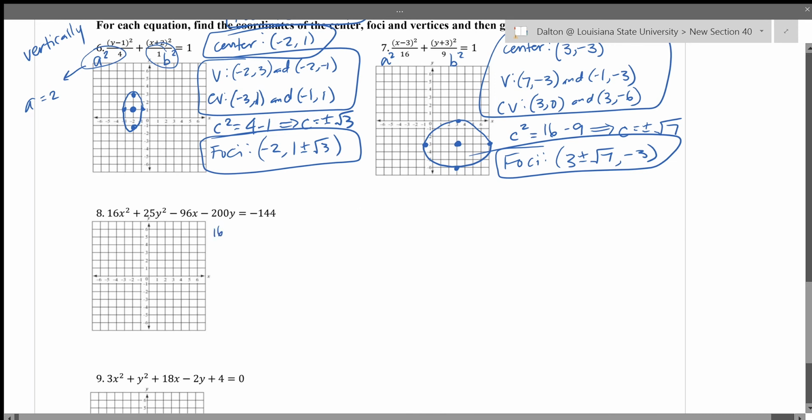So I've got 16x squared minus 96x plus, we don't know what c is. That's going to be a new c, plus 25y squared minus 200y plus whatever our new c is going to be equals negative 144.